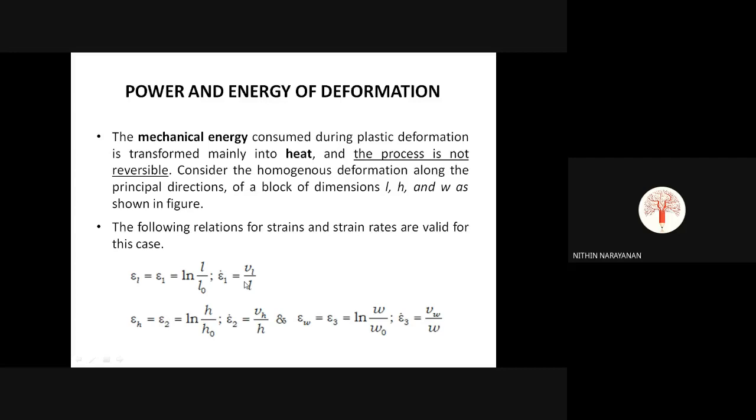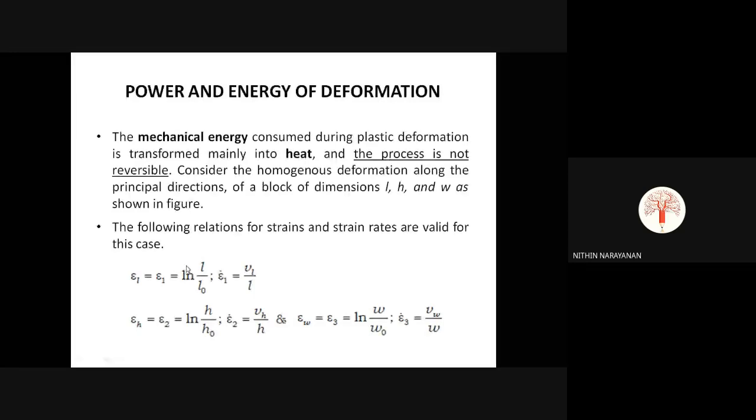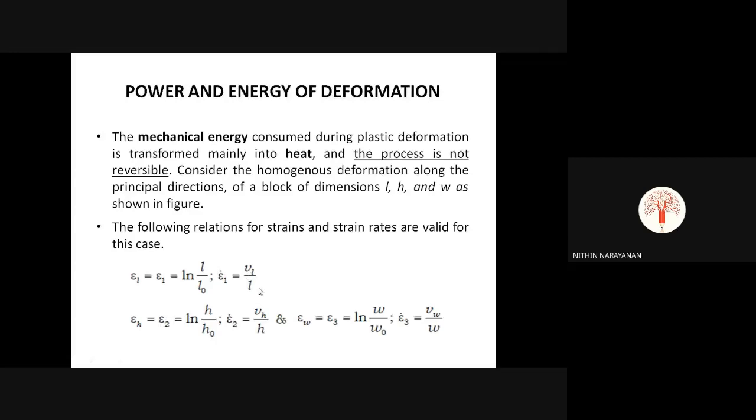Epsilon 1 dot is equal to VL by L. Okay, where velocity V is the velocity in the direction of 1, the first principal direction, in the direction of L. L is the dimension there.